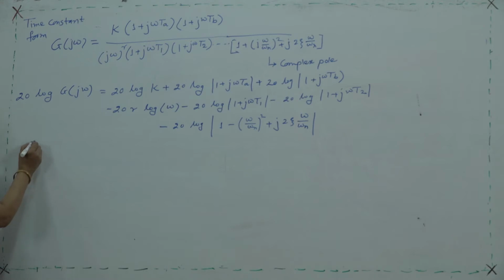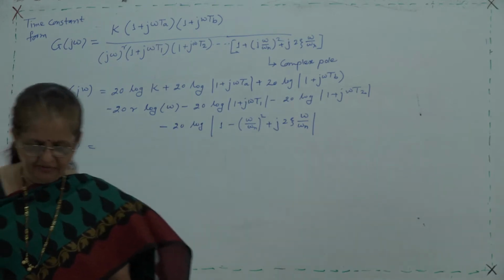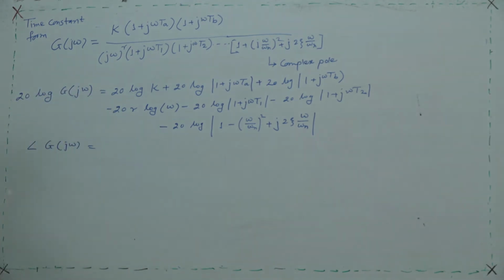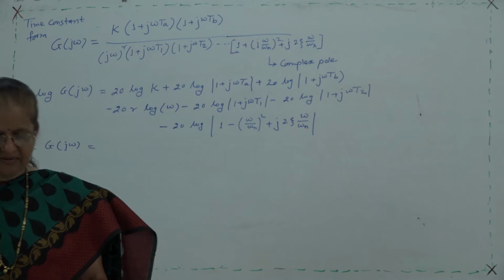So, how will you write the angle now? Angle G j omega is equal to. What are we getting for the angle? For the constant term, the angle contribution is 0. For 1 plus j omega Ta, what is the angle contribution?